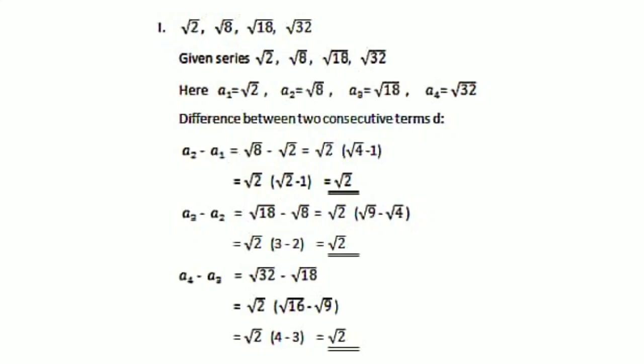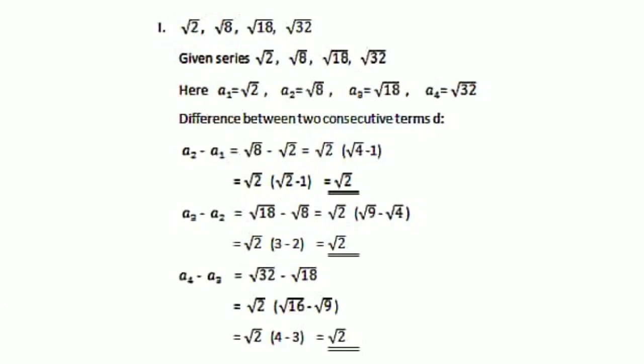And then A3 minus A2, where A3 is root 18 and A2 is root 8. So root 18 minus root 8. Both numbers are in root, therefore root 2 is common. Root 2 into root 9 minus root 4.